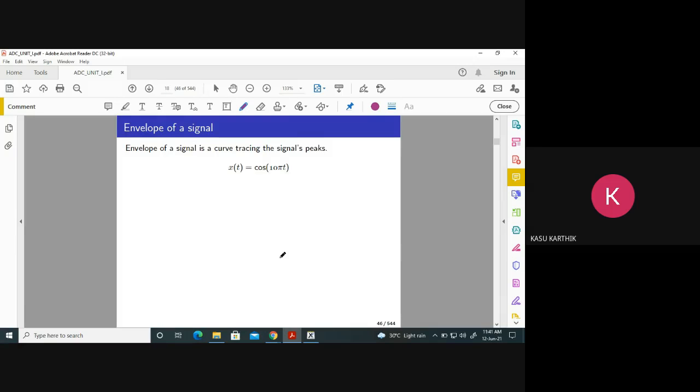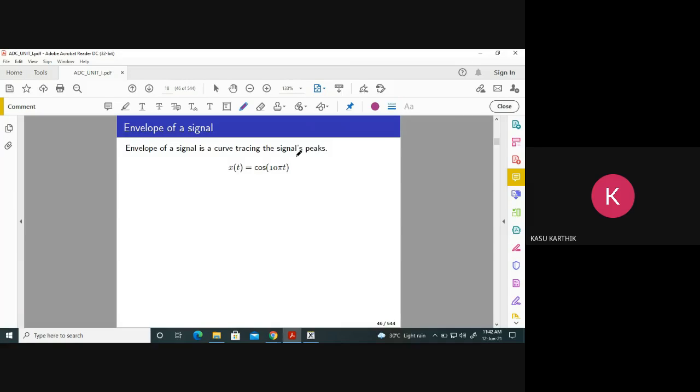That curve is called envelope. Envelope is a curve tracing the signal peaks. So please make a note of this. If you trace the peaks of any signal, you get some curve, and that curve is called envelope.